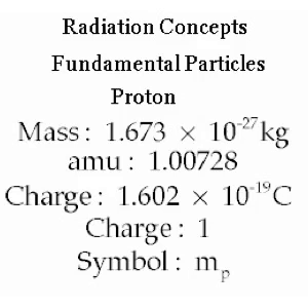And so the AMU, the atomic mass unit, is 1.00728 atomic mass units. And oddly enough, it has the same charge, except positive, as the electron. So the charge of a proton is 1.602 times 10 to the negative 19th coulombs. And therefore, in chemistry, they use a charge of 1. Symbol for proton is m sub p. So m sub p is a symbol for the proton.